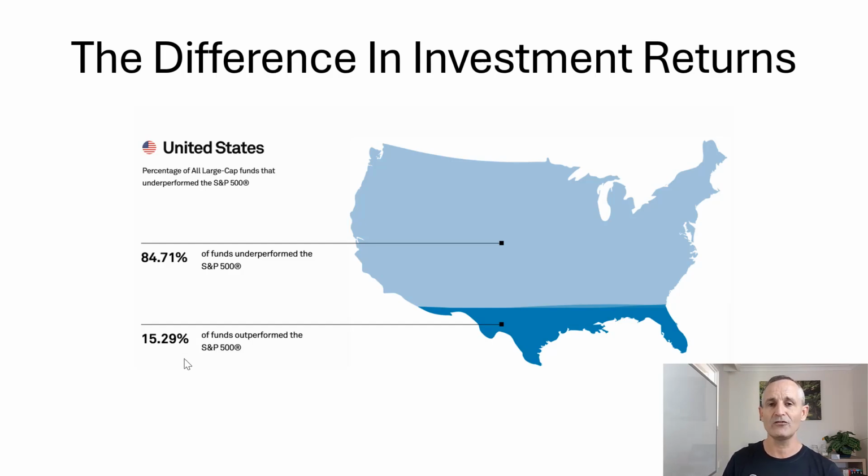Only 15.29% actually beat the index. So you look at that and you go, okay, I am paying more in fees, but I'm getting a worse return than I would if I just invested in, say, the S&P 500 index.